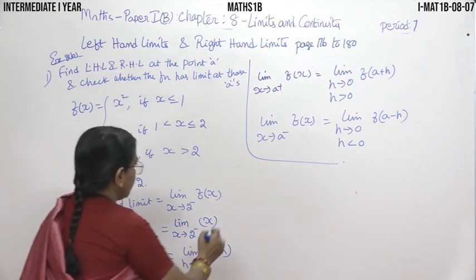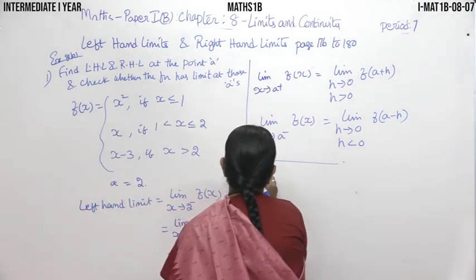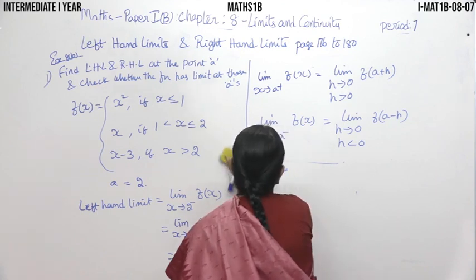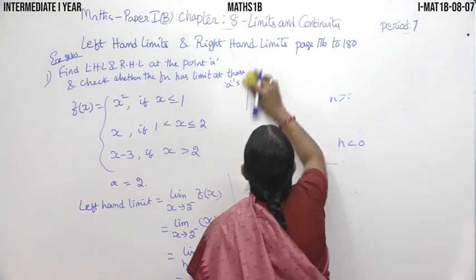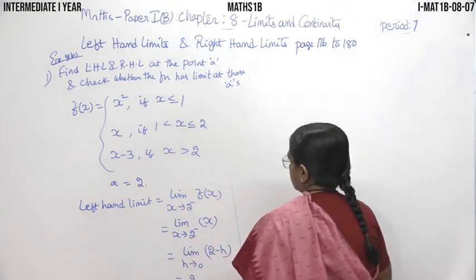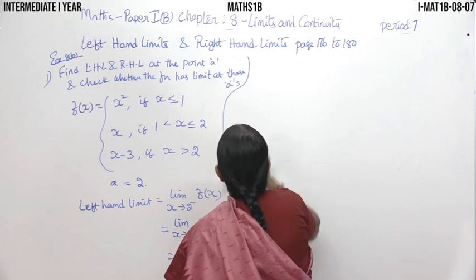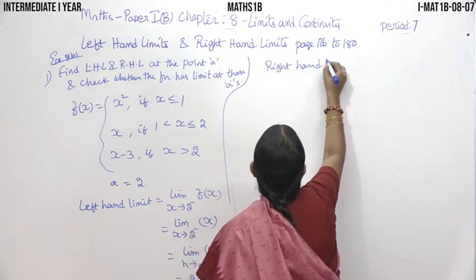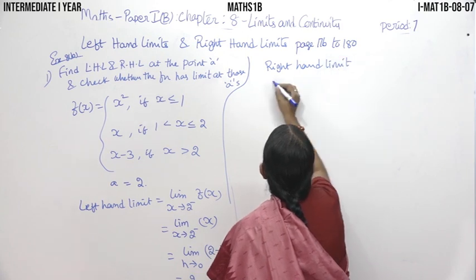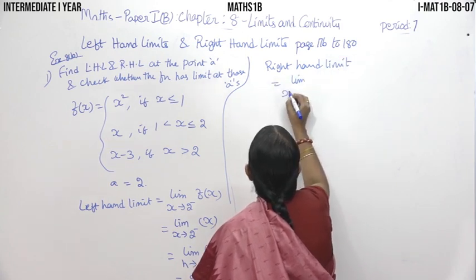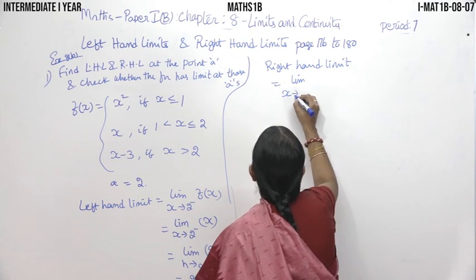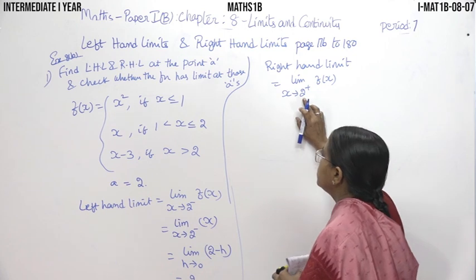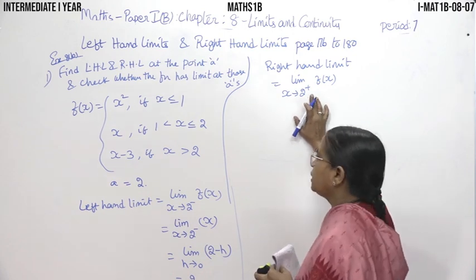Like that. Okay, now we'll take the right hand limit. What is the right hand limit? The right hand limit is equal to limit x tending to 2 plus of f of x. 2 plus means it takes values nearer to 2 but greater than 2.